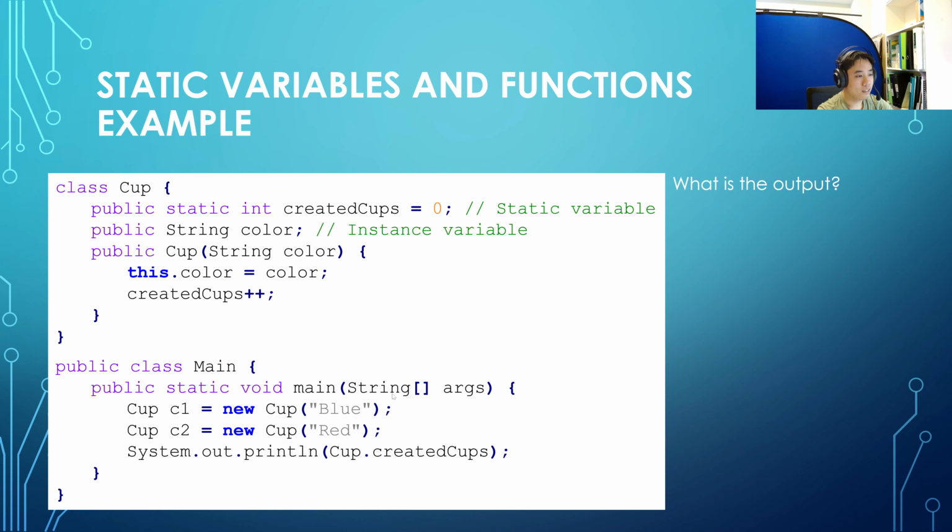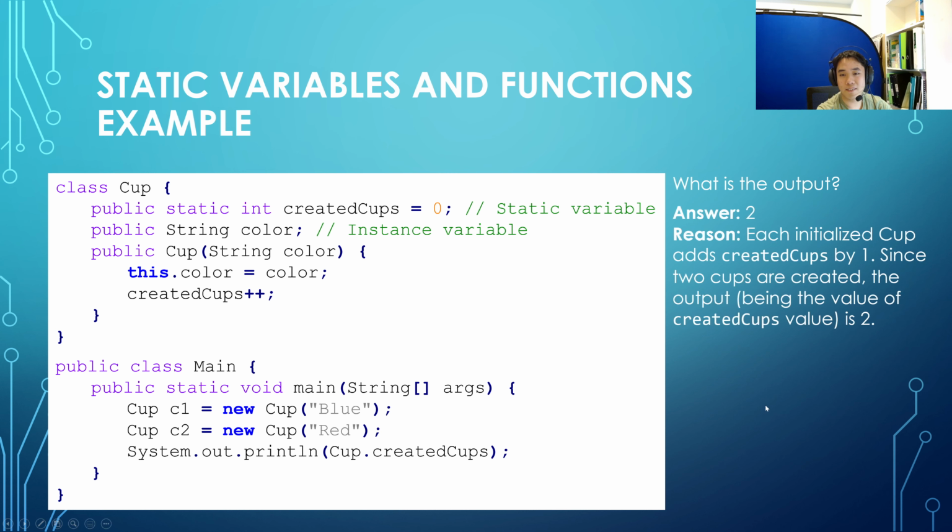All right. So we have the main class. The main class is gonna run the main method. I created 1 cup, so that will add 1 to created cups. Then I create another cup that will also increase created cups by 1. So I increase created cups 2 times, so what I should have is 2.